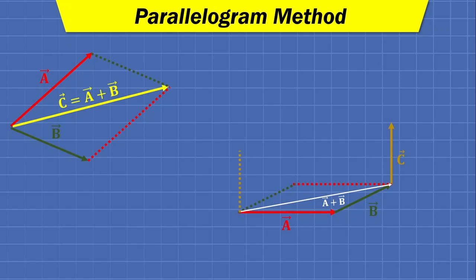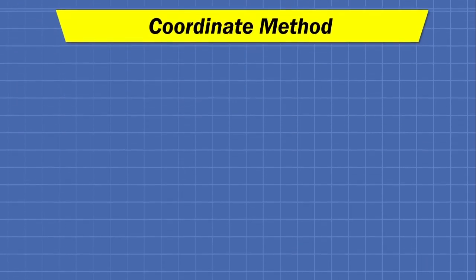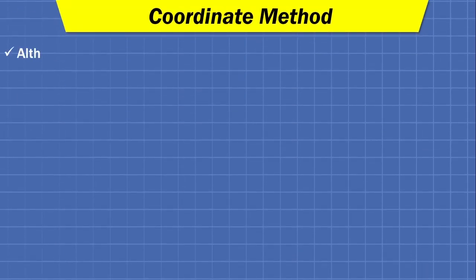We will form another parallelogram, and now this diagonal will be the result of addition of three vectors a bar, b bar and c bar. Fine. So it is quite a cumbersome method compared to triangular method, but in both the methods the result will be same. The next method is coordinate method.